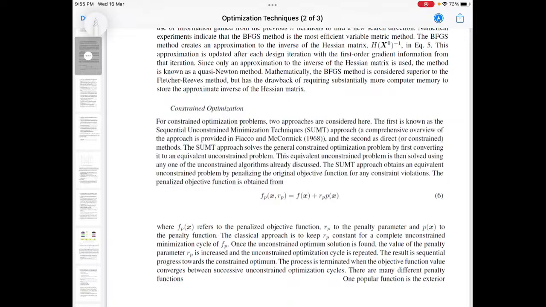The penalty function is p of x, and the penalty parameter is rp. Here rp is the penalty parameter.